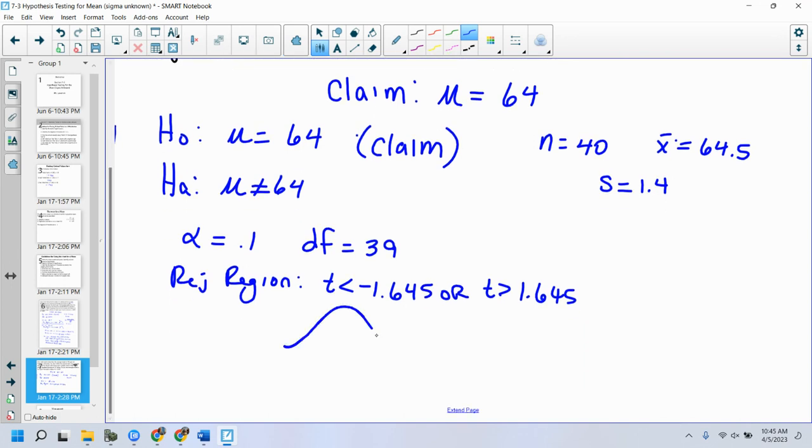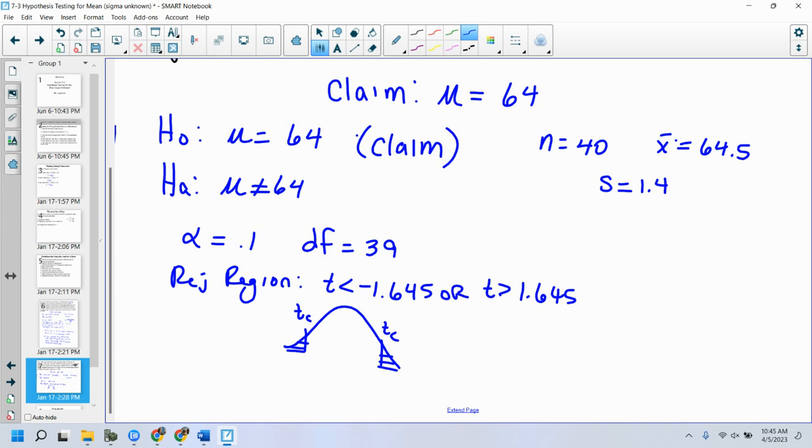Because again, think about your bell curve. Here are your critical values. I want to be able to hit that shaded region, right? So if my actual t-score falls in that shaded region, then I can reject the null.